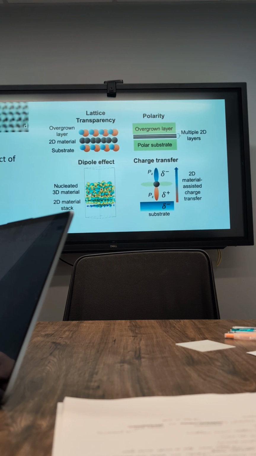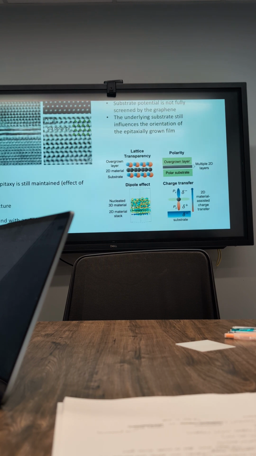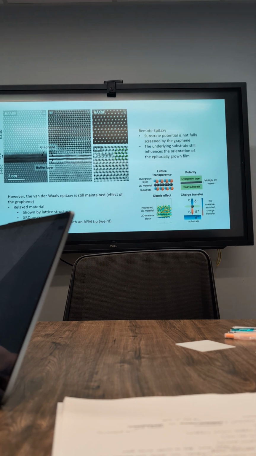The 2D material can also help with that, if you wanted it to be conductive, and the choice of 2D material would also affect your orbital peak. So you can have some sort of polar substrate, and it's going to affect what grows above it, regardless of the 2D layer, if it is thin enough, it can still have an effect. And that charge transfer was like the polarization thing. Okay, cool. The polarity. Yeah.